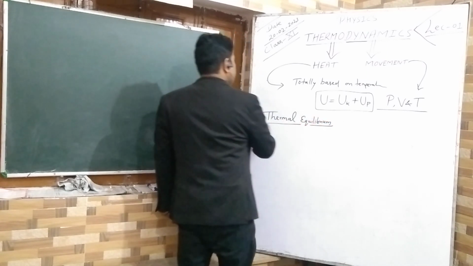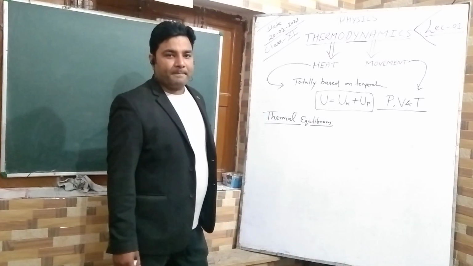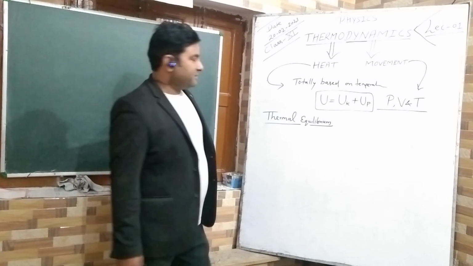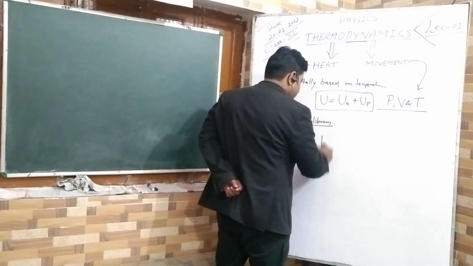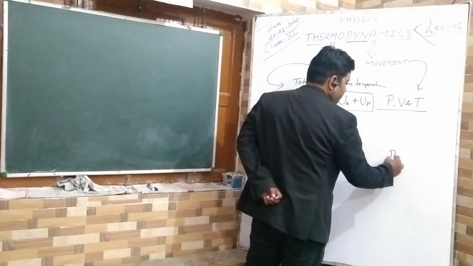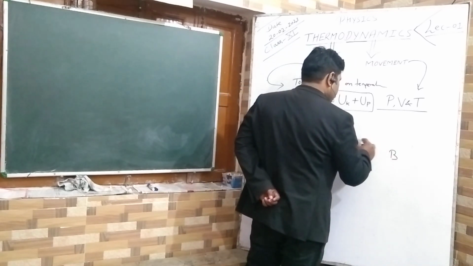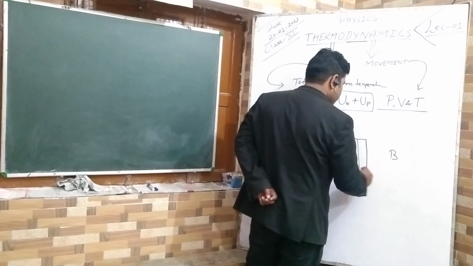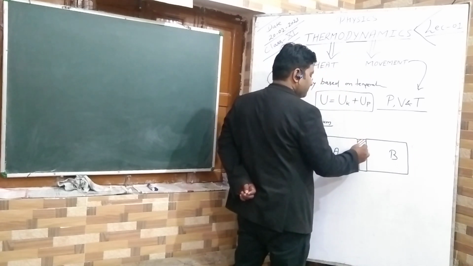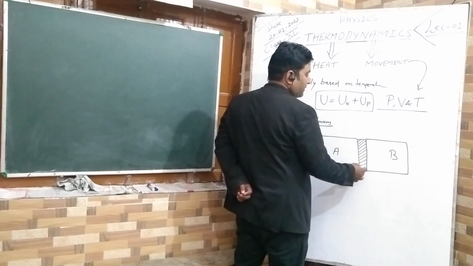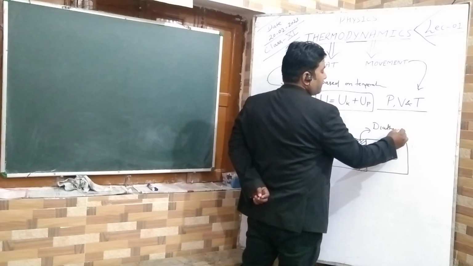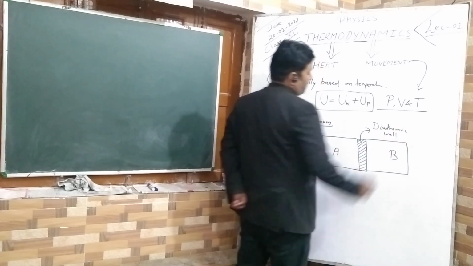How can you say that a body is in thermal equilibrium without knowing about temperature? You can't justify whether the body is in thermal equilibrium or not. Suppose two bodies A and B are separated by a diathermic wall.